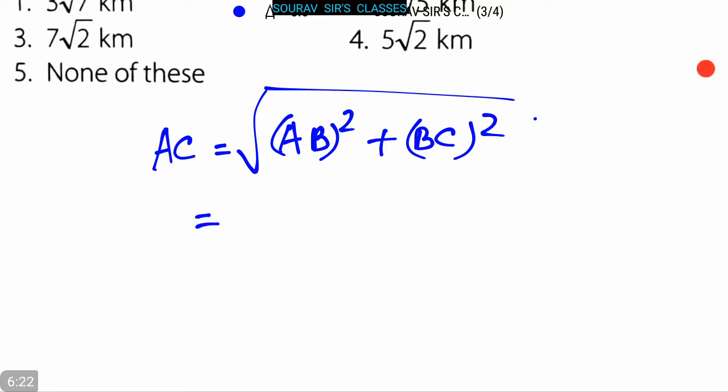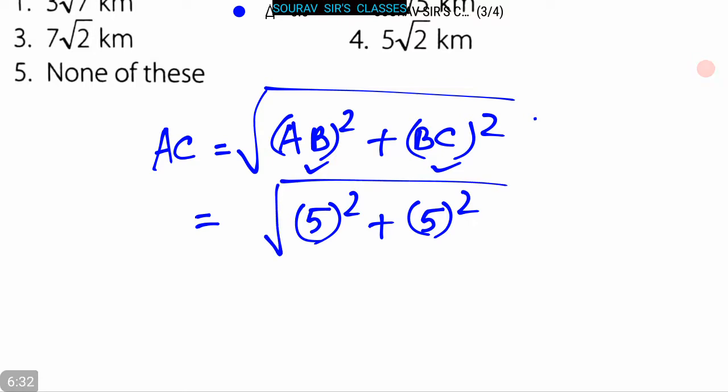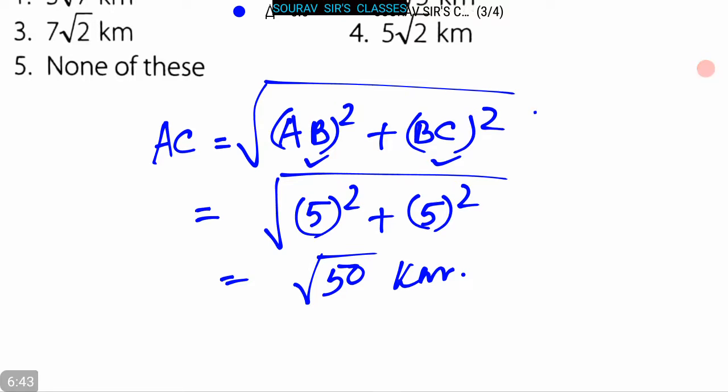Now putting the values of AB and BC, this is 5 squared and 5 squared, which is equal to root 50 kilometers.